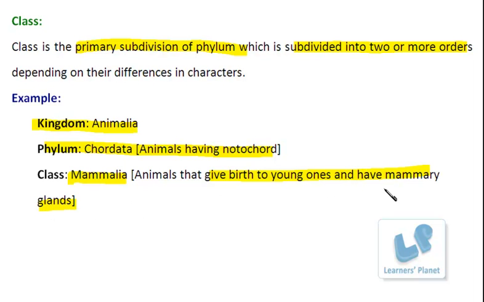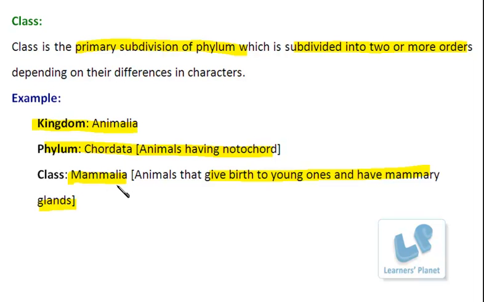This presence of mammary glands is a peculiar feature of the class Mammalia. All those organisms which feed their young ones with milk, the secretion of the mammary glands, come under the group Mammalia.